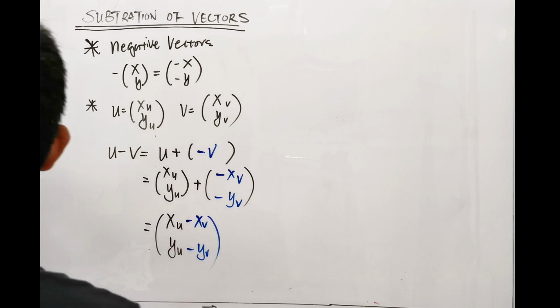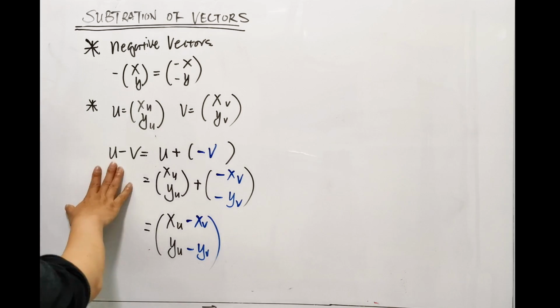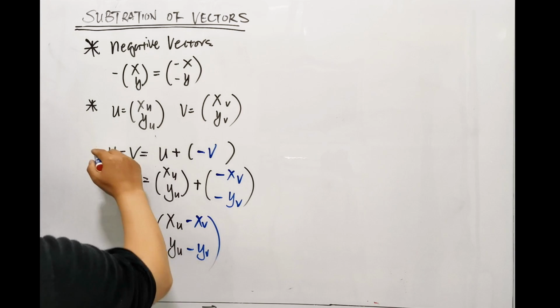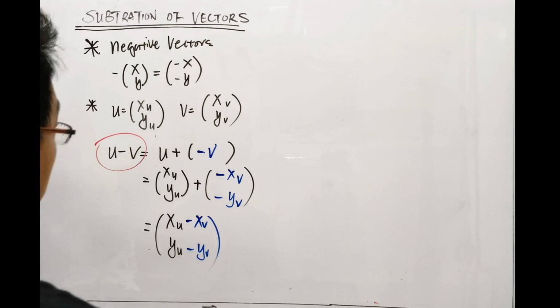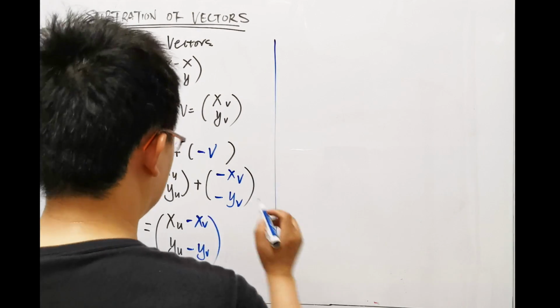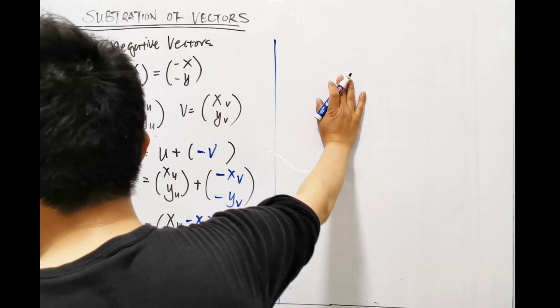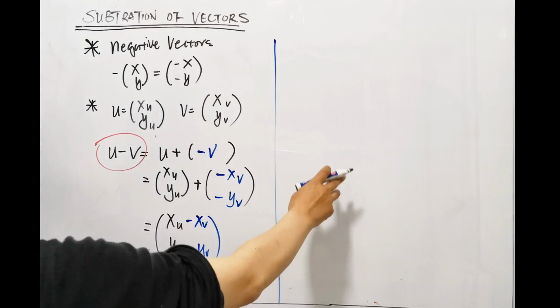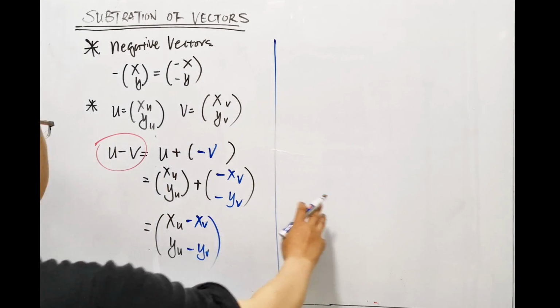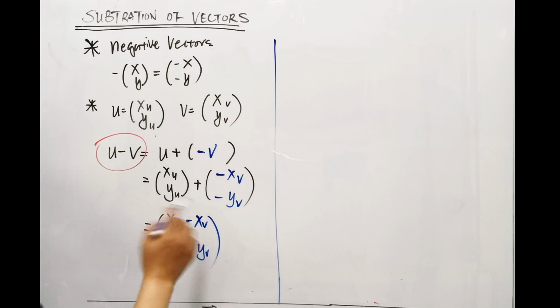So now we can see that when there are two vectors, we could do the subtraction. So let's summarize it. When we have two vectors, we could do the subtractions. Just subtracting the respective x component and the y component.